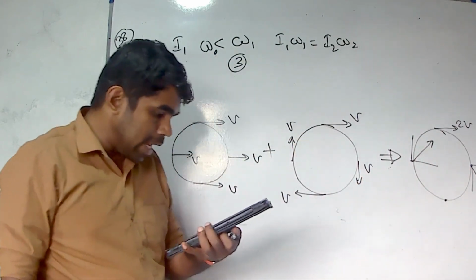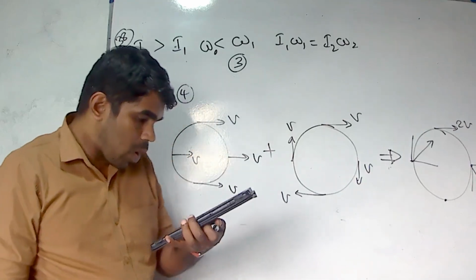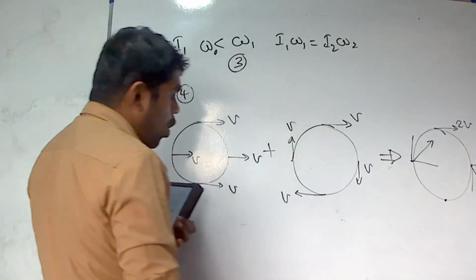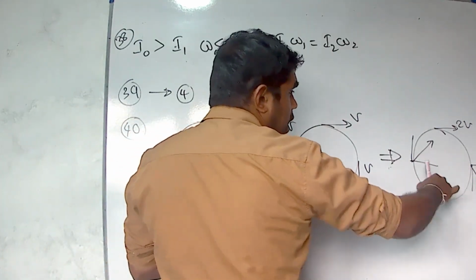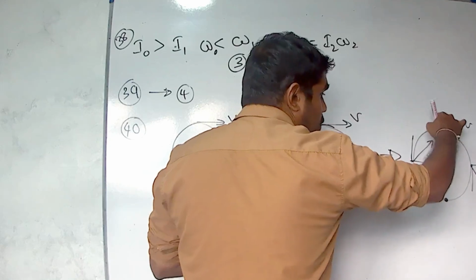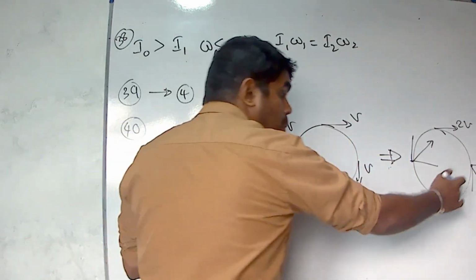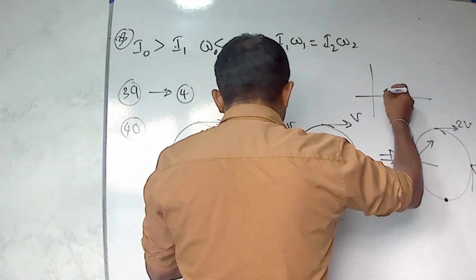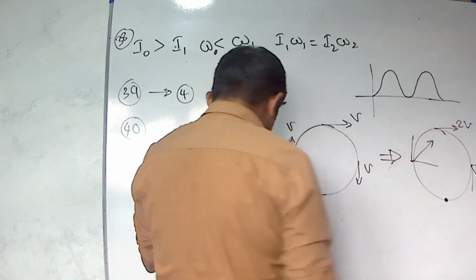Now we have to select the variation of the horizontal component of velocity of point P. It should be 0 for the initial value, at this place. And it is increasing to a maximum value and again decreasing to a small value. The small value is 0. Then the graph should be like this. It is increasing and decreasing.